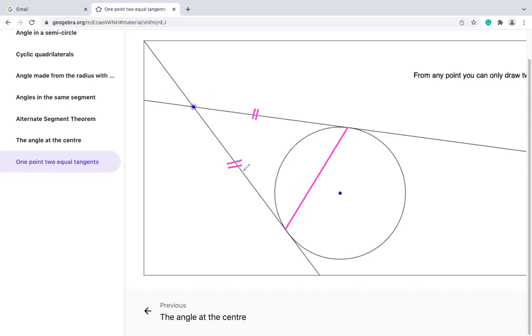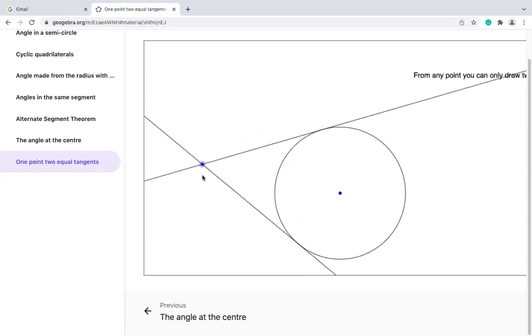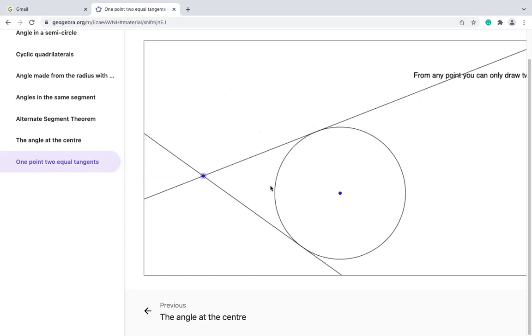So these two measurements from an external point will always be the same. This angle that you get, suppose it is x, this angle is also x because it is an isosceles triangle. So equal lengths are from the point of contact to the external point. From here to here, and this length from here to here, will always be the same. Irrespective of which points you move to, you will notice that the length is always geometrically the same. So these are the two basic properties.